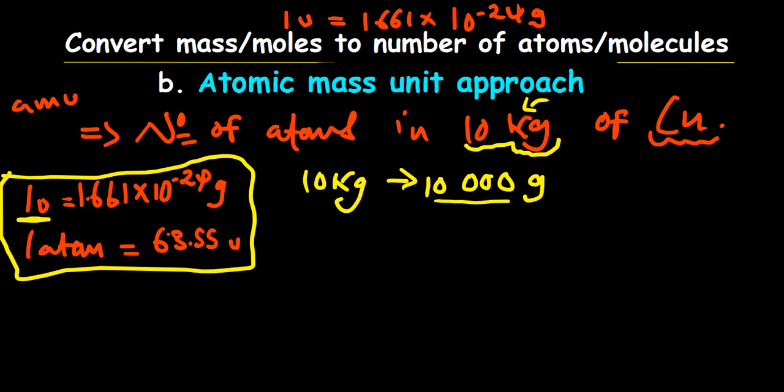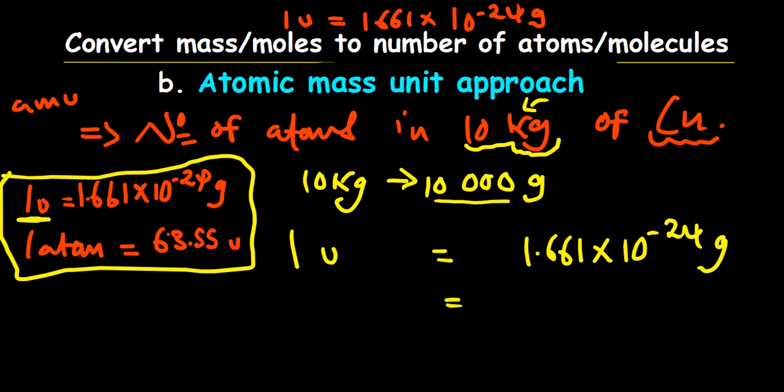I'm going to write 1 atomic mass unit is simply equal to 1.661 multiplied by 10 to the power minus 24 grams. So what if now I have 10,000 grams? How many atomic mass units am I going to have there?